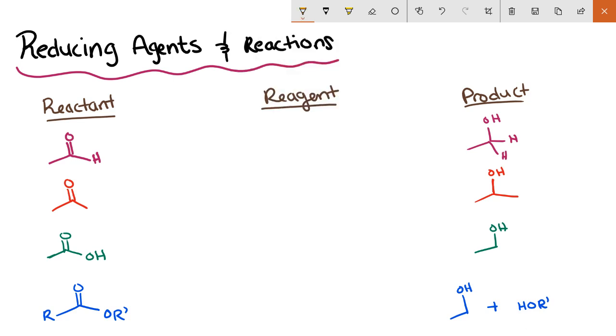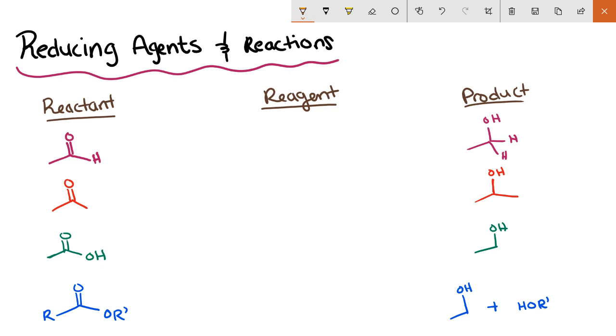All right, so now we're going to go through the reagents that take us from a reactant to a specific product, and this is basically identifying reagents that would perform these specific reactions. So start off with the first one in red. So here we've got an aldehyde, and it's being reduced down to an alcohol.